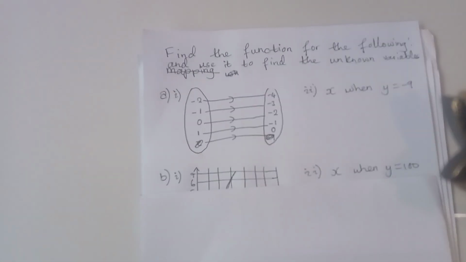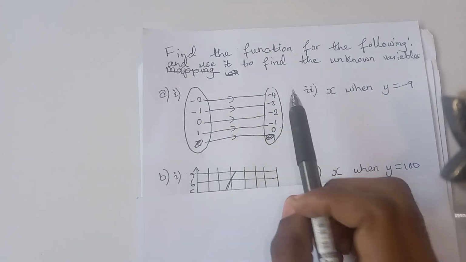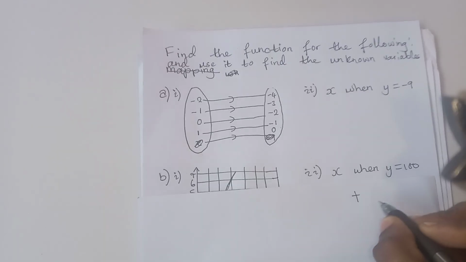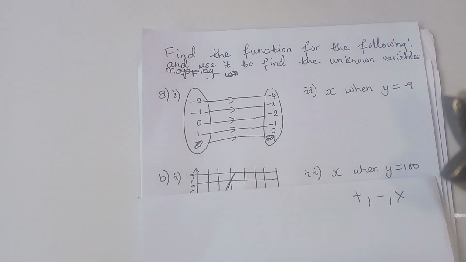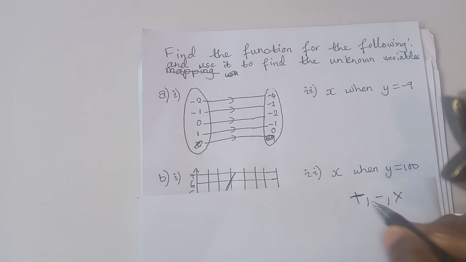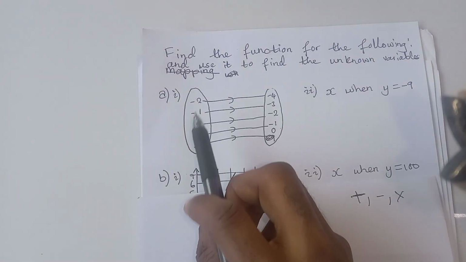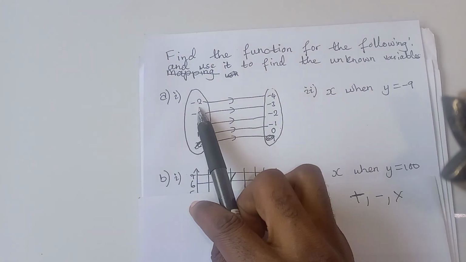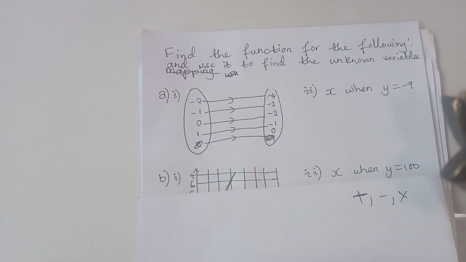When you look at this, check if there is a number that is being added or subtracted or multiplied. That number can be a positive number, or it can be a negative number, which is more like subtracting, or they may be multiplying the x values by that given number.